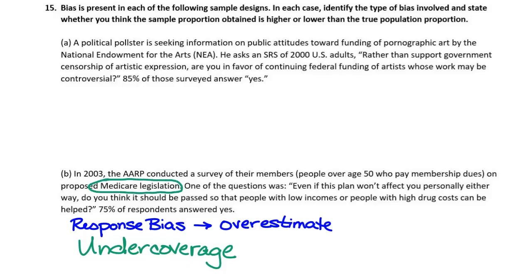Anybody that's on Medicare or getting ready to go on Medicare. Medicare is the government insurance for people who are elderly, 65 and older. Maybe they moved it to 67, 60-something and older is Medicare.